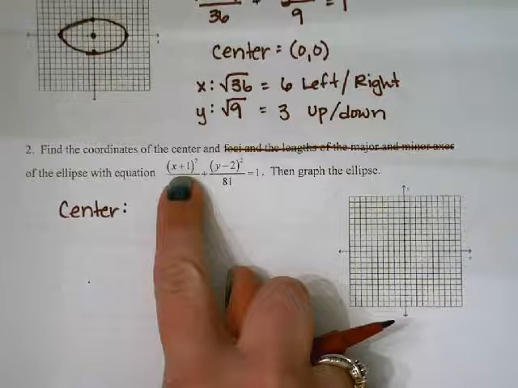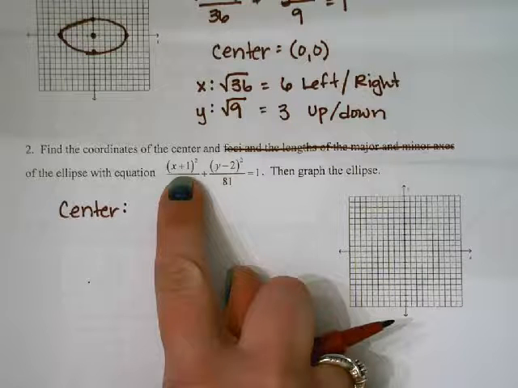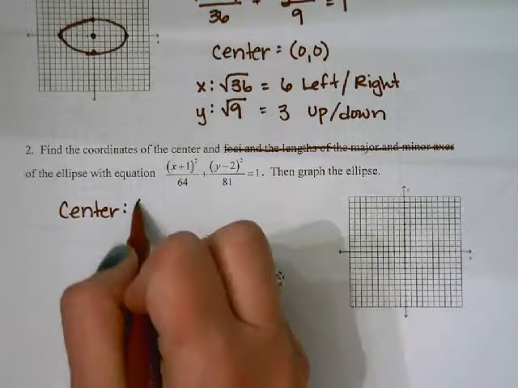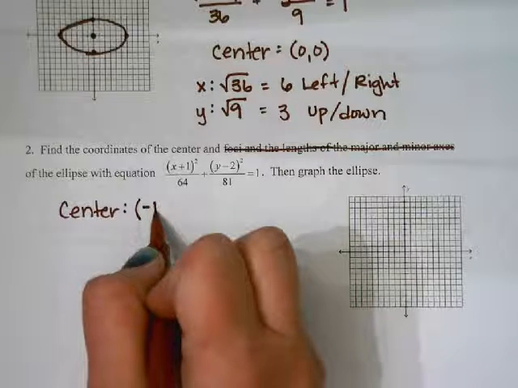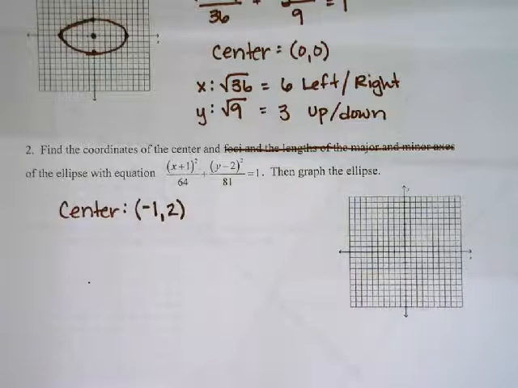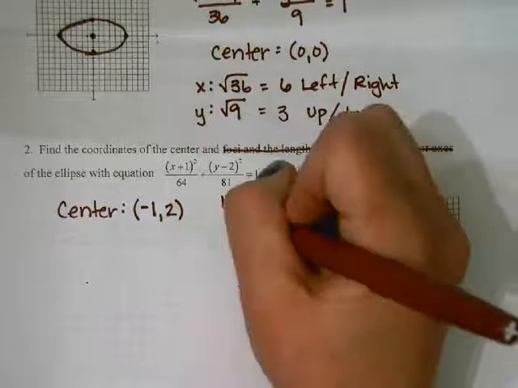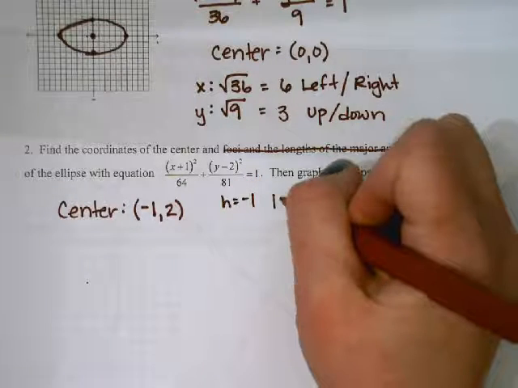So where's my center of my ellipse? -1, -2. Close. -1, 2. There you go. Thanks, JJ. So my h was -1.